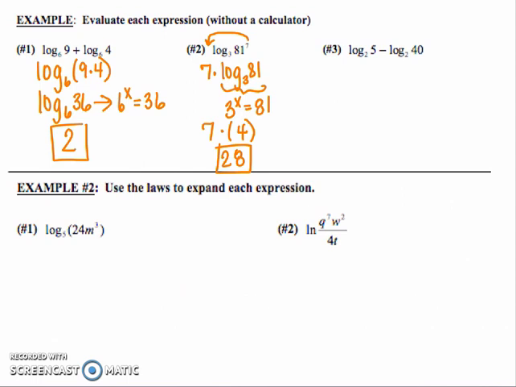Then the last one, we're subtracting two logs with the same base, so we can condense that using the quotient property back to division inside of the log. So this is going to be log base 2 of 5 over 40. 5 over 40 can then be reduced to log base 2 of 1/8. And then once again, I need to think about this in terms of exponential form.